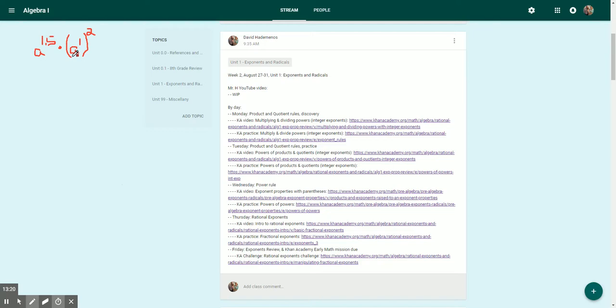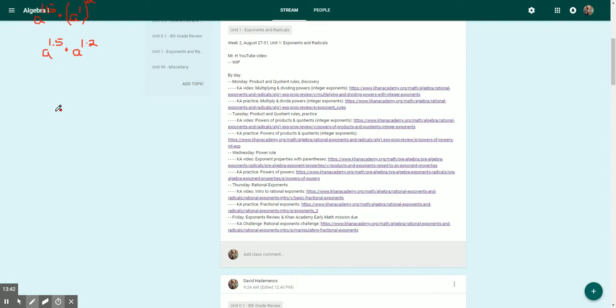And we want to do parentheses first. There's nothing to actually do in the parentheses, so we want to do exponents next. So this will be a to the 1.5 times a. And when we have power to a power, we're going to multiply. So 1 times 2. Oops.